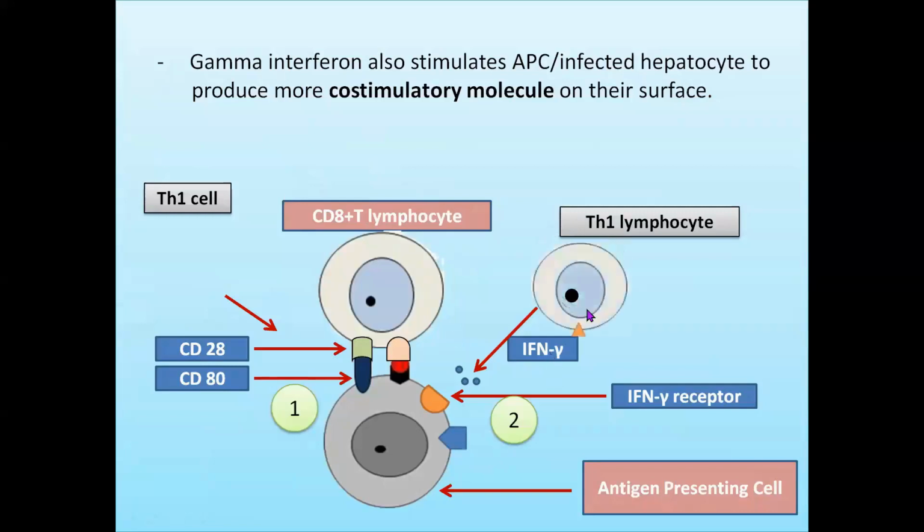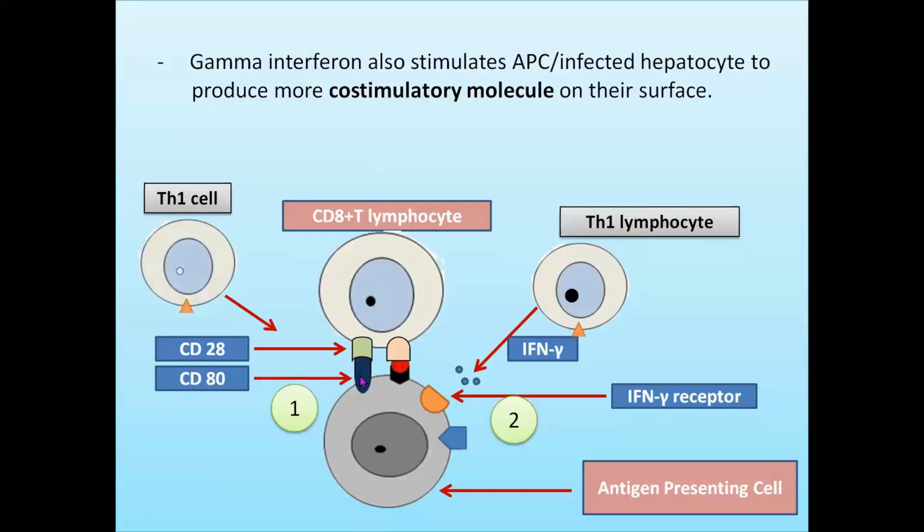So this is gamma interferon. Th1 lymphocytes synthesize gamma interferon, and gamma interferon binds with gamma interferon receptor on the surface of APC. And Th1 cells also induce APC to synthesize more co-stimulatory molecule, CD80.